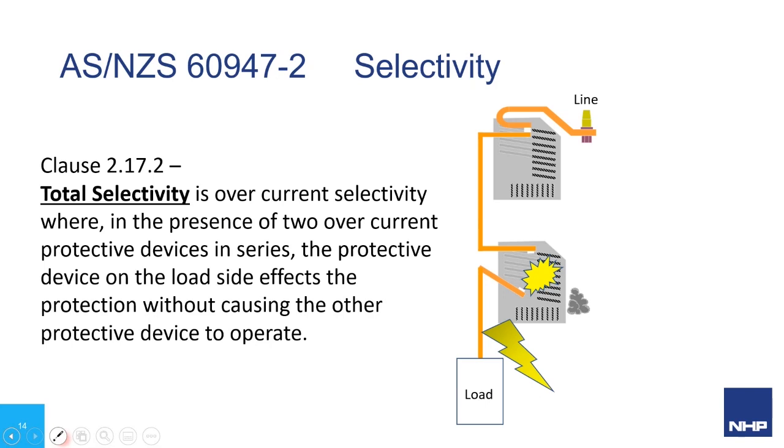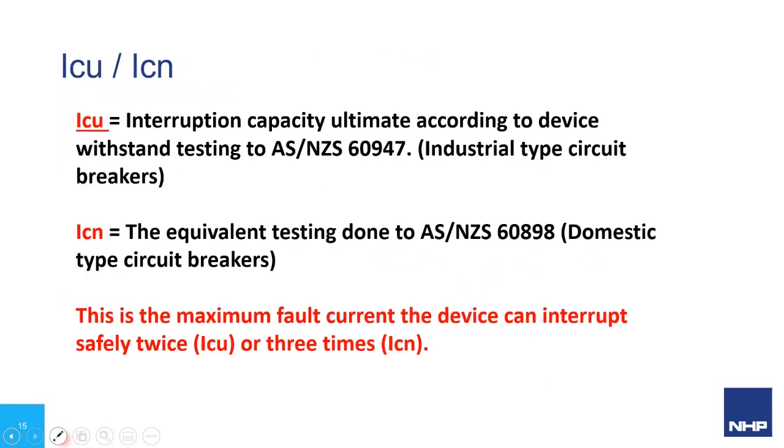For the next definition, we need to understand a couple of points defined in the standard. The terms ICU and ICN. ICU is defined as the interruption capacity ultimate, according to device withstand testing to AS/NZS 60947 for industrial type circuit breakers.